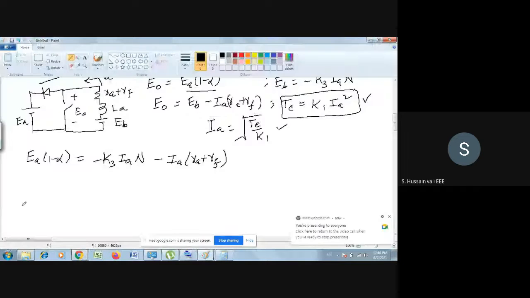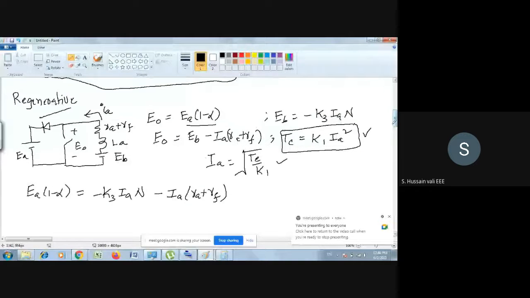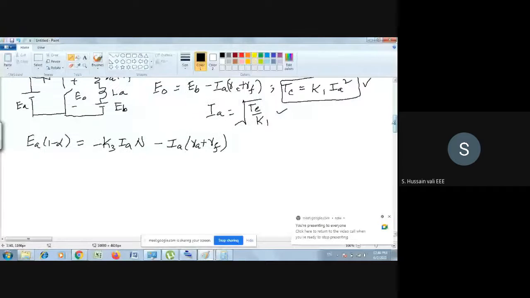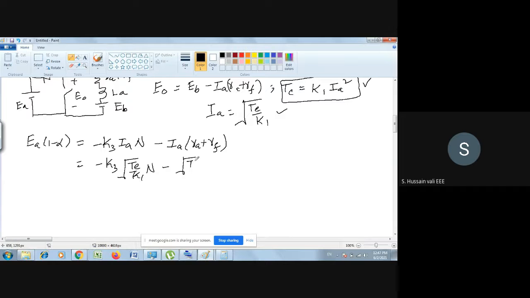We substitute that. We want N here. So K3 into IA N is equal to the square root of T by K1 into N minus T by K1 into IA N.